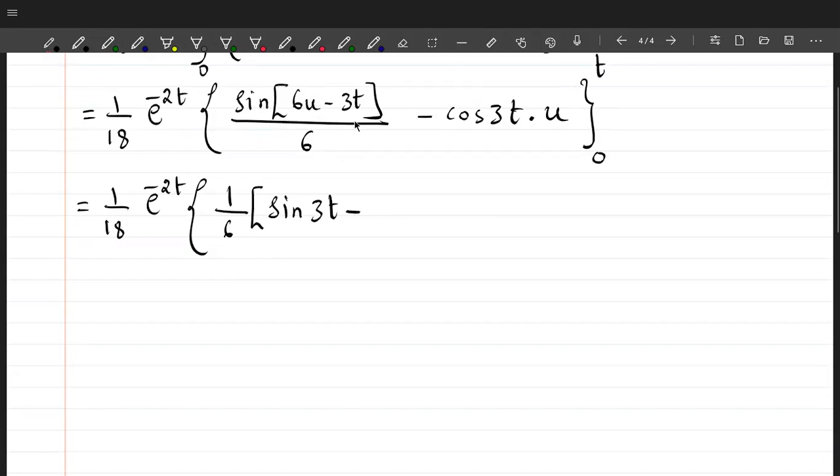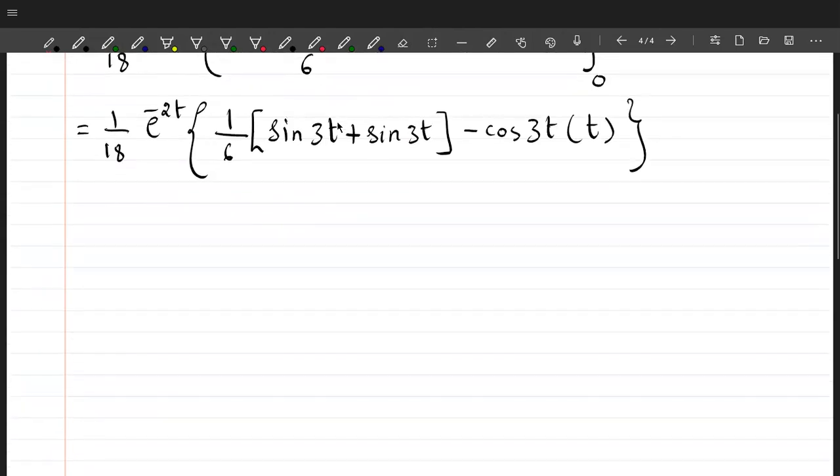What is sine of 0 minus 3t? That is sine of minus 3t. Sine of minus theta is minus sine theta, but you already have a negative sign out here. So it becomes plus sine 3t. Then you have minus cos 3t into u. What is u? That is t, t minus 0. So you get t.